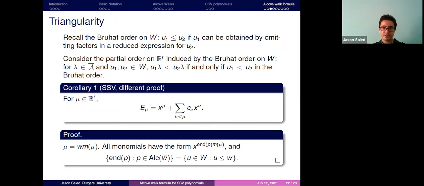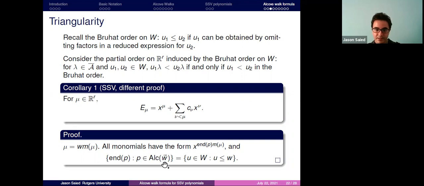And I wanted to write this down just because it's so immediate from the way the Alcove walk formula is written. Our leading term, mu, is W applied to M of mu, where remember W is defined to be the shortest thing taking M of mu to mu. And then if we look back at the formula, all the other monomials that show up are precisely the endpoint of some Alcove walk applied to M of mu.